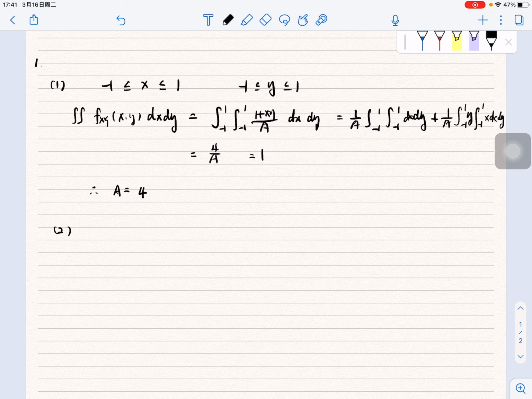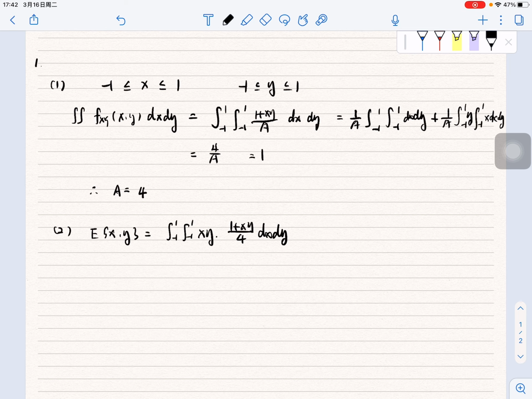Then question 2. Firstly, we can calculate the expectation of x times y. It is the integration from -1 to 1, -1 to 1 of x multiply y, and then multiply 1 plus xy, then divide 4, dx dy.